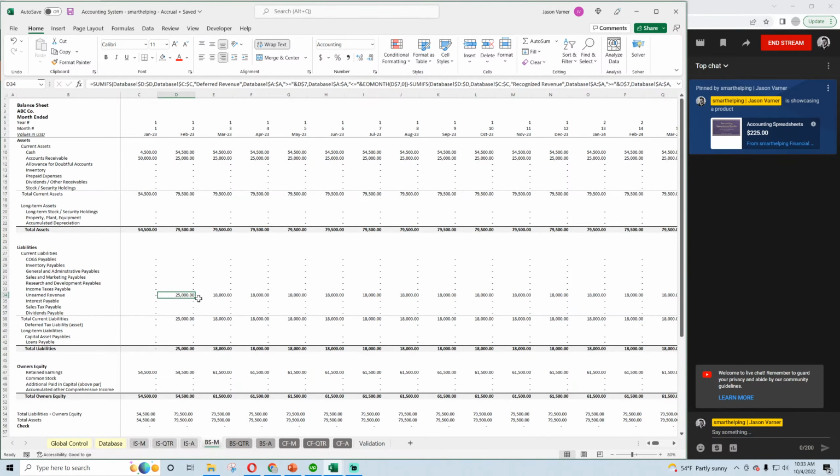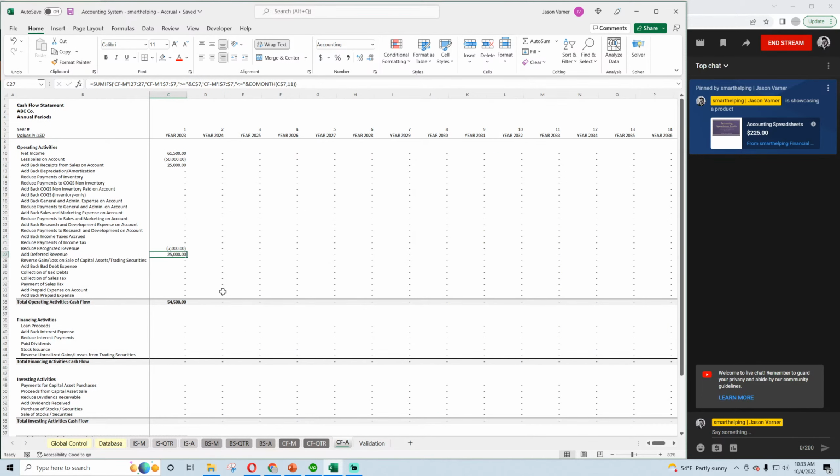Balance sheet, we're now decreasing the unearned revenue liability down from 25 to 18. Cash is not moving. And you can see here on the cash flow, when we recognize revenue, we reduce it because we already added the full amount when we added deferred. But it is in net income.